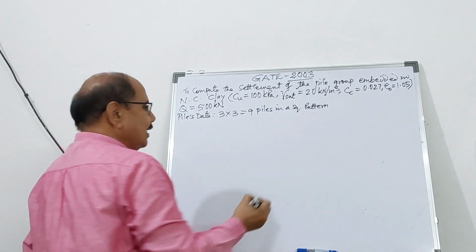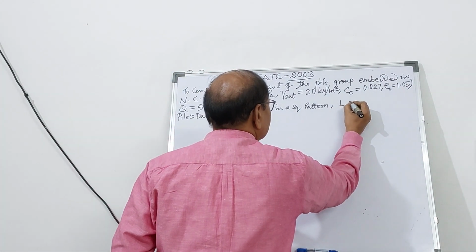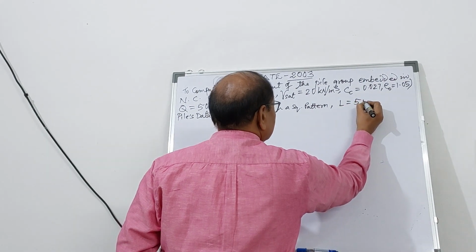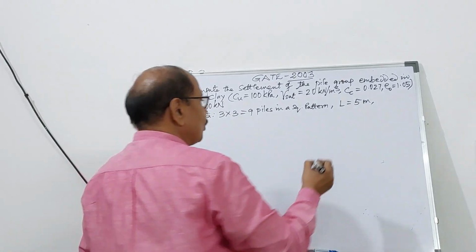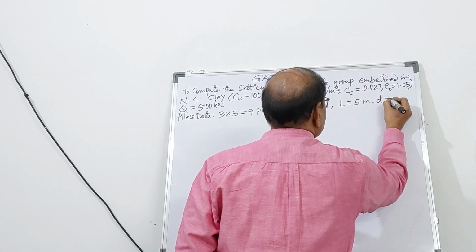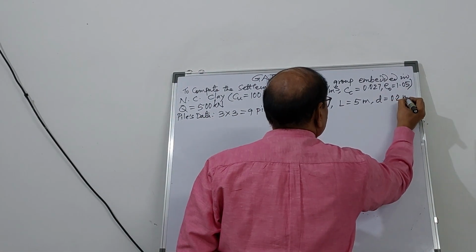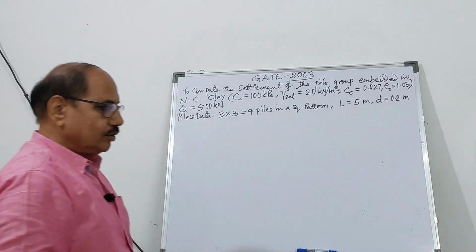The length of the pile is 5 meter, L equal to 5 meter. And the diameter of the pile is 0.2 meter. So diameter is also given to you.